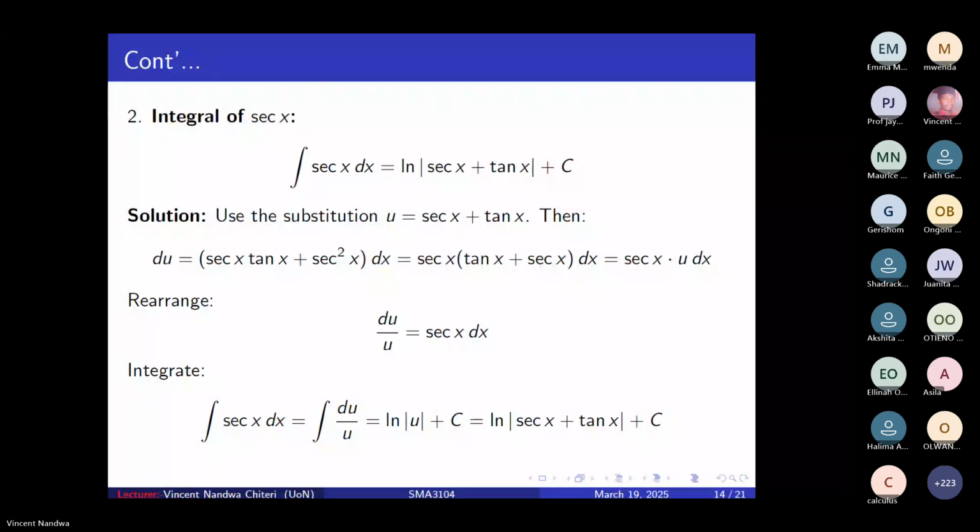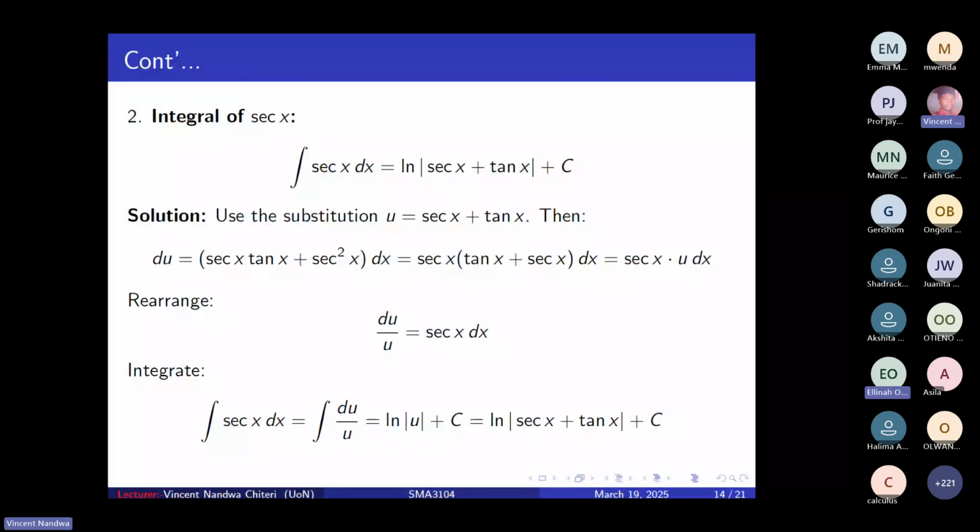Once you have u equals sec x plus tan x, then you get du. When you differentiate sec x, you get the derivative of a sec function, sec x tan x, correct.